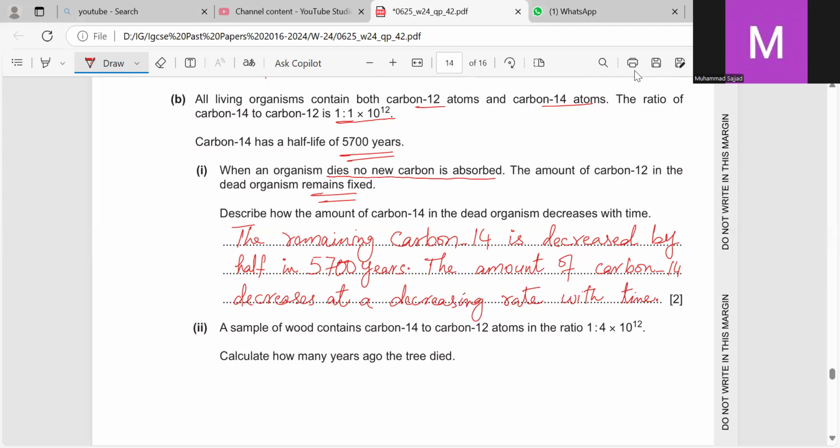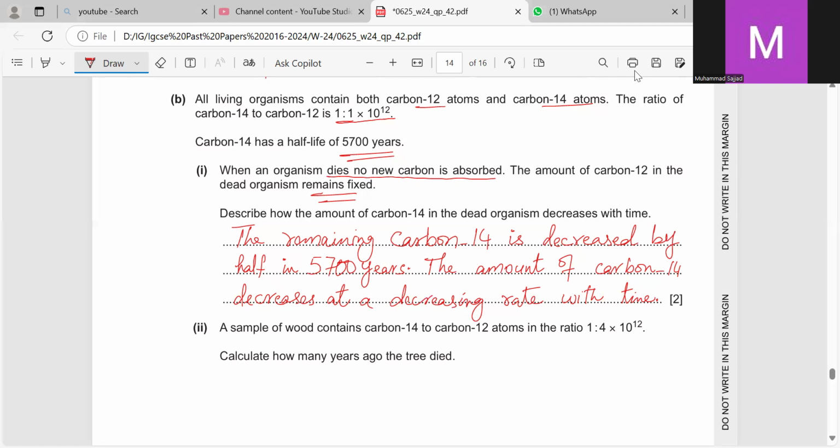Now remaining mass will be 50 grams. So how much is decayed in 5700 years? That is 50 gram. Now the remaining amount is 50 gram. In another 5700 years, which is one half-life of carbon 14, the remaining amount will be 25 gram. So how much is decreased? Of course 25 gram is decreased.